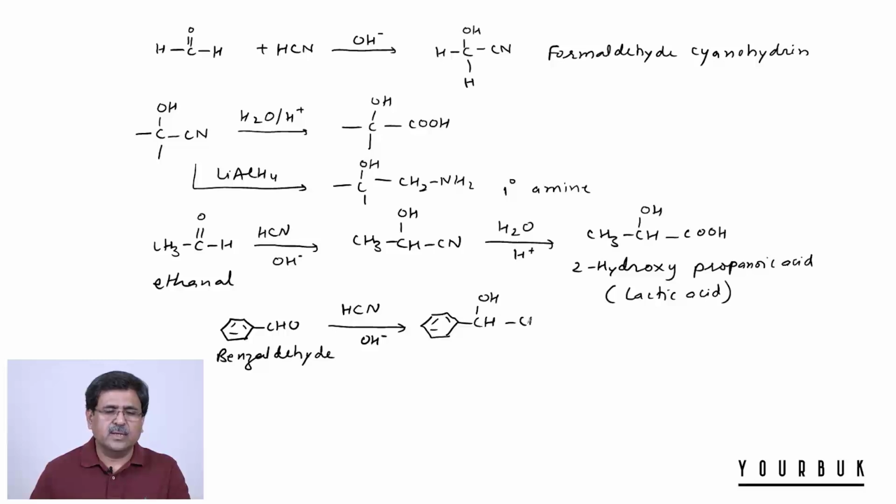And this cyanohydrin has a common name called mandelonitrile. Now ketones are less reactive towards hydrogen cyanide. So there are a number of questions we can frame. We can write a conversion like ethanal into lactic acid. We can frame a question based on the mechanism, and we can also frame a reasoning question.